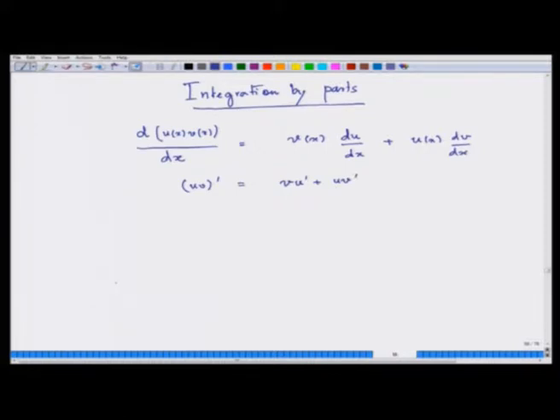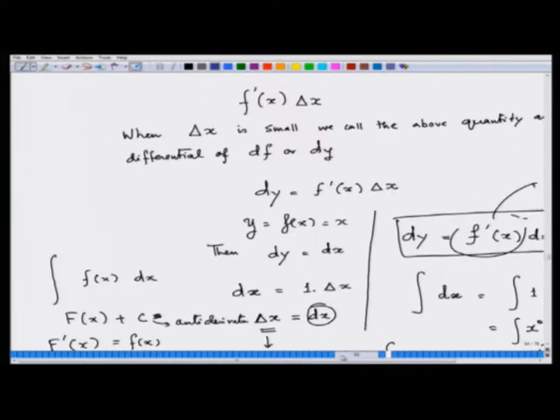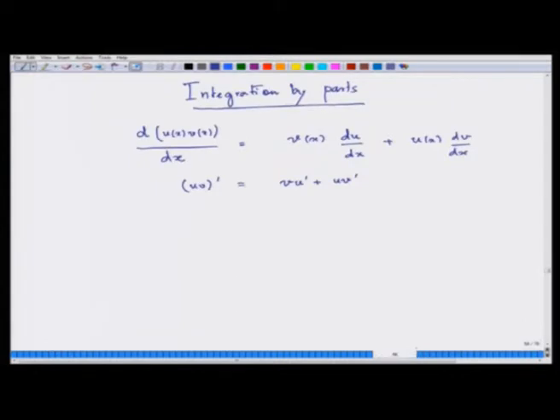So, again if you write in terms of the differential language, which we had taught you in the last class, then we have the following: d(uv) is equal to v du plus u dv.